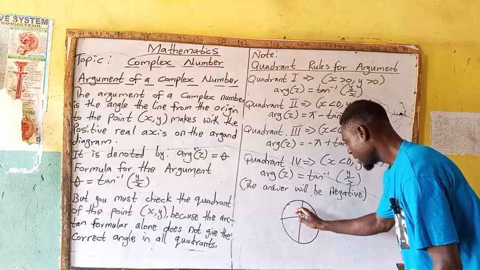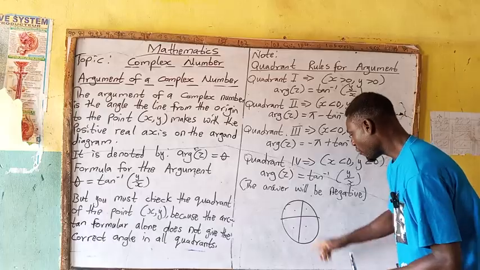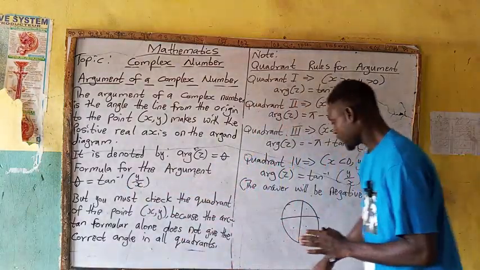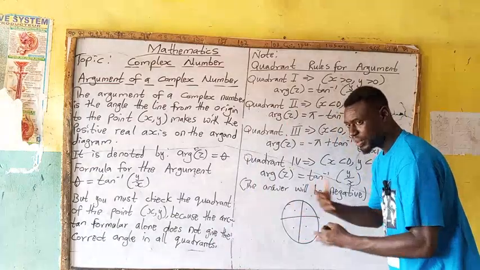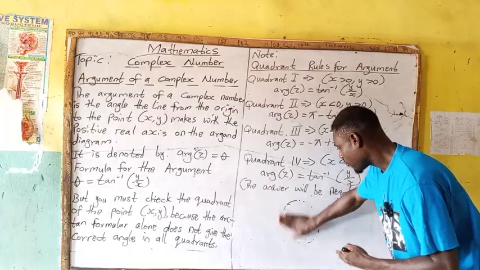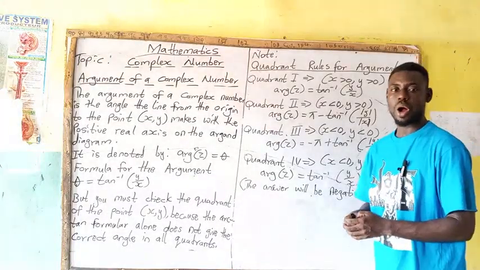This is the first quadrant, second quadrant, third and fourth quadrant. So an angle found here might be exactly correct with this formula, but an angle found here might not give you the exact number. So what do we do? We use other formats. There are only two formats used in finding the angle of a complex number.